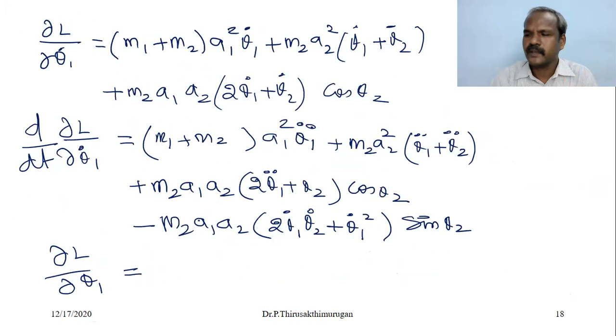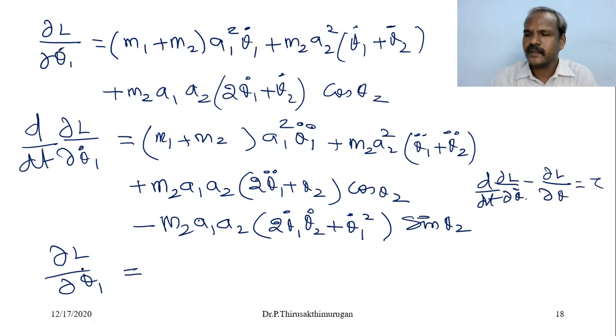The Lagrangian equation is d by dt of dou L by dou theta 1 dot minus dou L by dou theta 1 equal to tau. Okay, so this is the Lagrangian equation form.